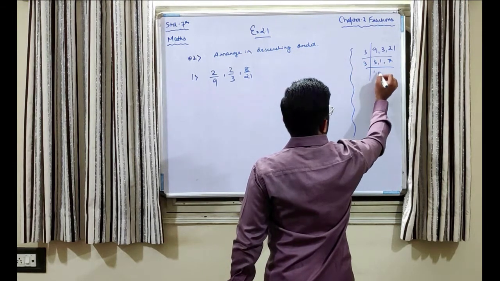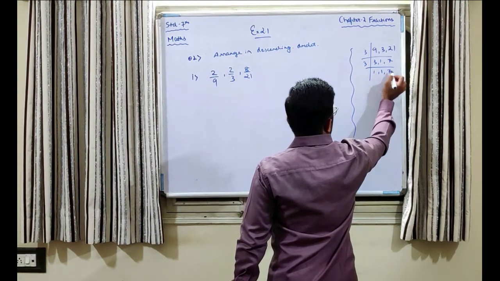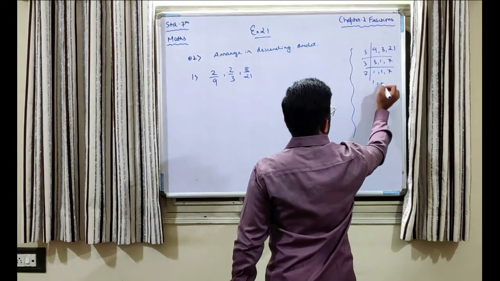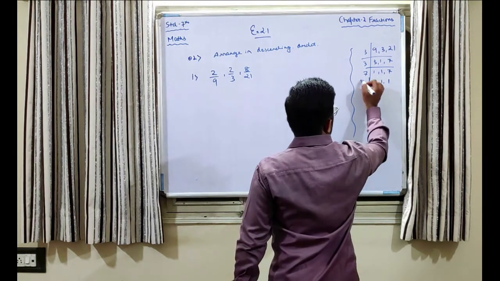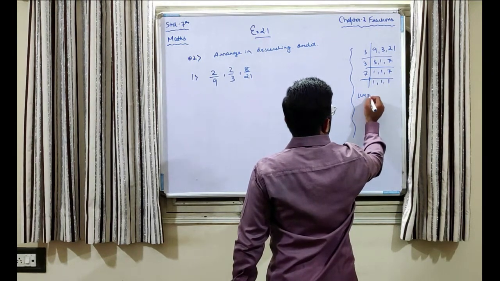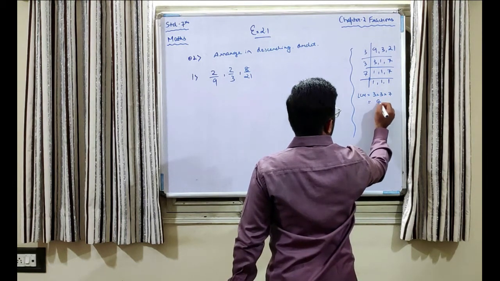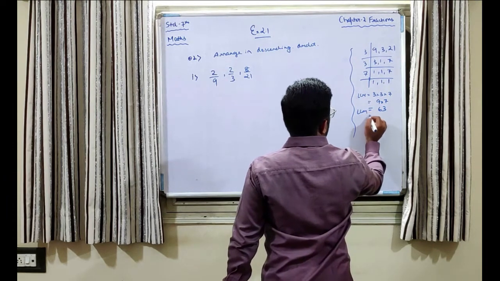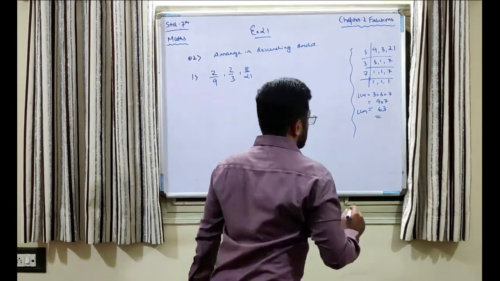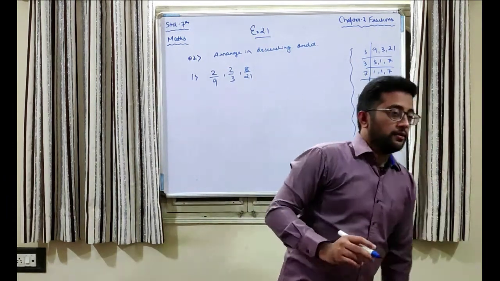Then 3 1s are 1s, 7, and 7 1s are 1s. So our LCM will be 3 into 3 into 7, that is 3 3s are 9 into 7, 9 7s are 63. Okay, so the LCM comes to 63.